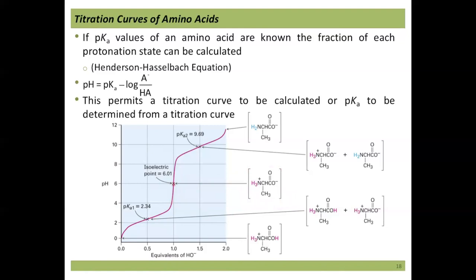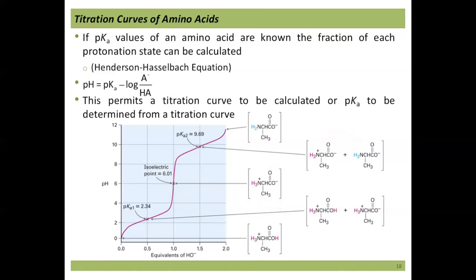And then as we keep adding base, we're going to start pulling the protons off of the next most acidic proton, which is actually off of the nitrogen. And we'll get to a point where half of them have been deprotonated and half still have that. And again, that is the pKa of an amine, which is near 10.